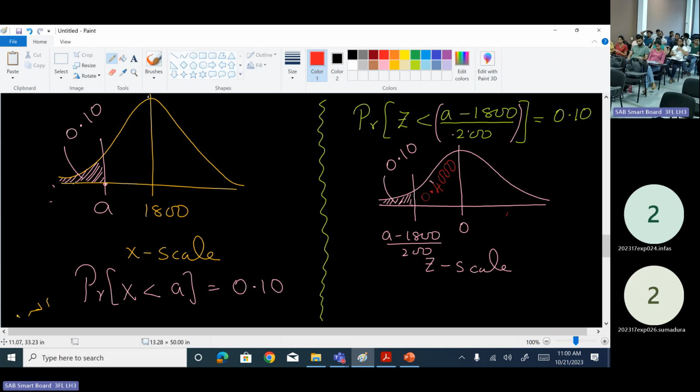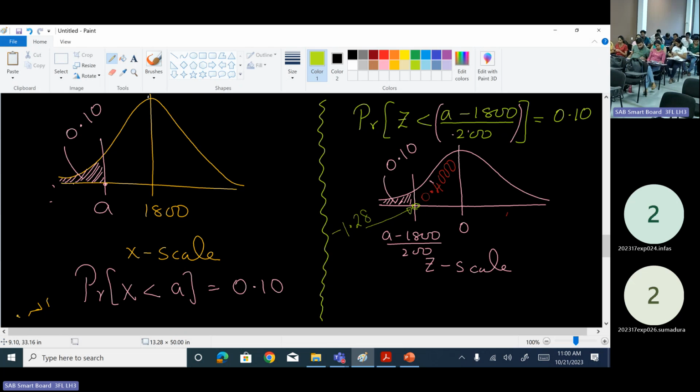So the table says this point should be minus 1.28. So we are talking about the same point in two different ways. Table says this should be minus 1.28. Our working says this point should be A minus 1800 over 200.